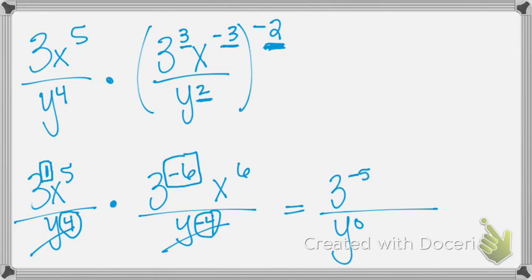Everybody agree? Okay. Now we have x. We can combine our x's, so 5 and 6 is 11.